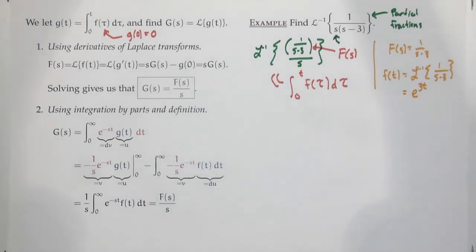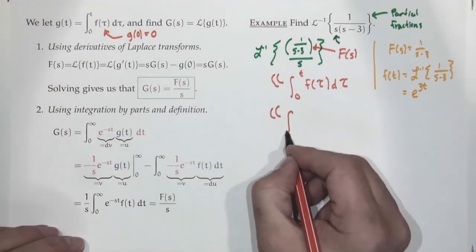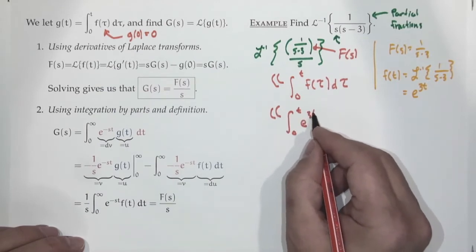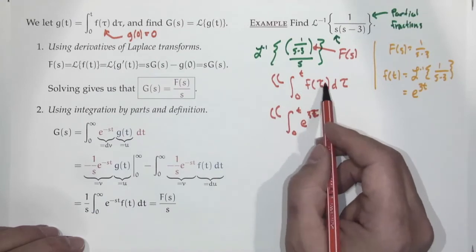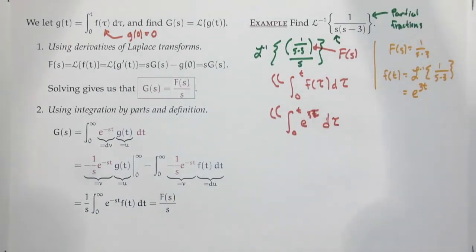So, picking up, this is going to be equal to the integral from 0 to t, e to the 3t, sorry, e to the 3 tau. So tau is just another fancy way of saying a Greek version of t, d tau.